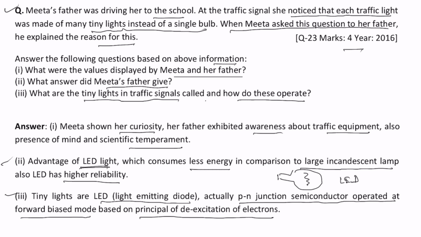In forward bias we get the maximum output. So these LEDs are basically PN junctions, and this is applied in the forward bias. Take the screenshot.